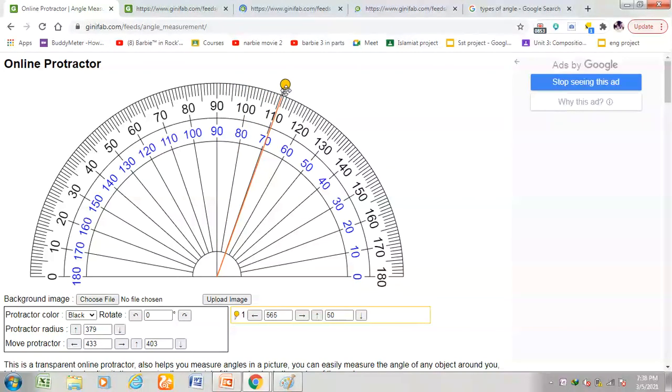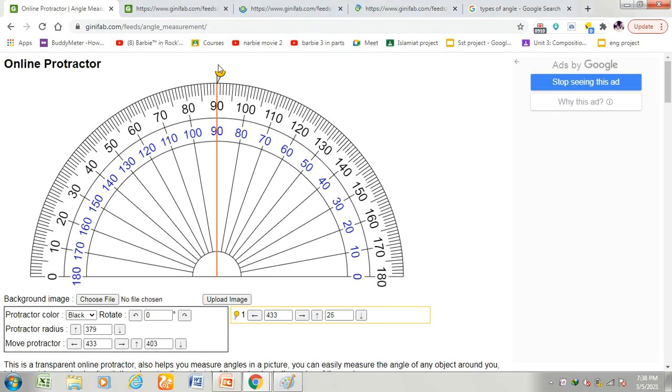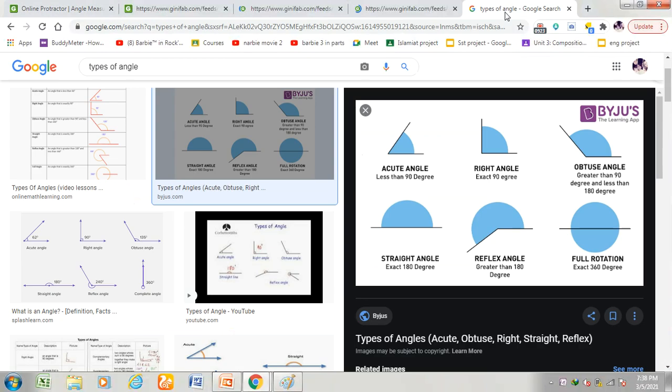This is called an acute angle: 10, 20, 30, and 90 degree is called what? Here you can see, the right angle. The obtuse angle is this type, greater than 90.